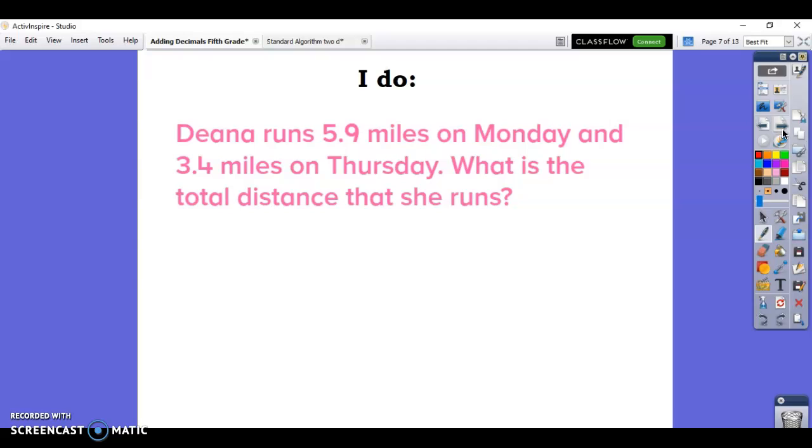And it says, what is the total distance that she runs? So I see some keywords inside of here. She has this much on Monday and this much on Thursday, and it's looking for total. So I'm thinking that I'm going to add. So before we do any estimations or anything, we're going to do the adding first, and then we will see if the estimation is correct with that.